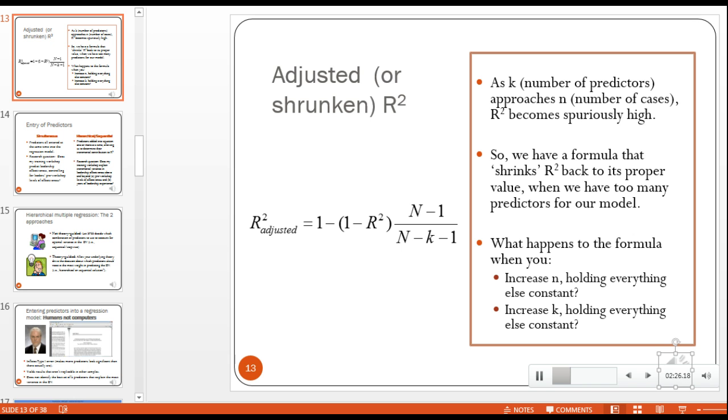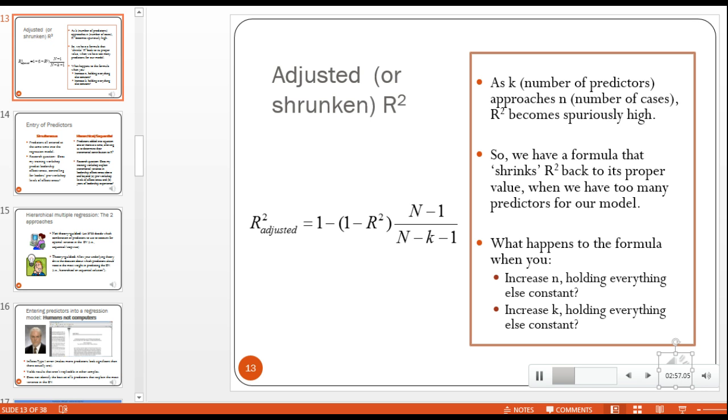Set that to a value, and then plug in a certain k, so k equals 4, for example, and then adjust the n to two different values. Make the n 20 at first, calculate the formula, and then make the n 100, and just see what happens. Take a few minutes at this point, get out a piece of scratch paper, and do some experimenting with this.